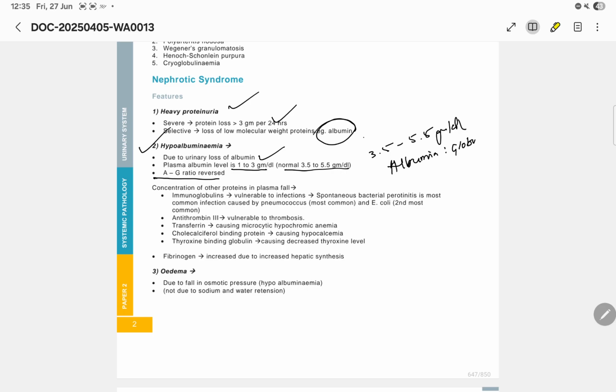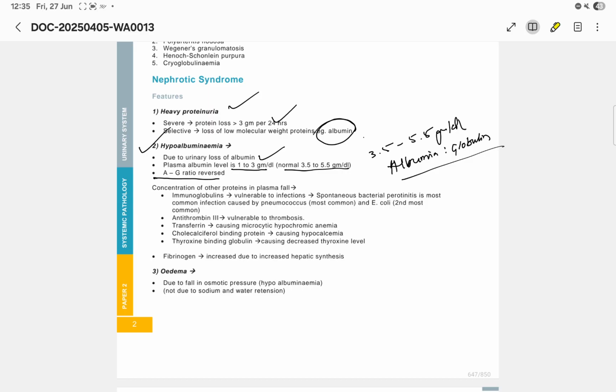So A/G means albumin to globulin ratio. This ratio is reversed. There are a few conditions where this A/G ratio is reversed. We will see that later. Then let us see how this happens. Patients are vulnerable to infections because immunoglobulins are lost.